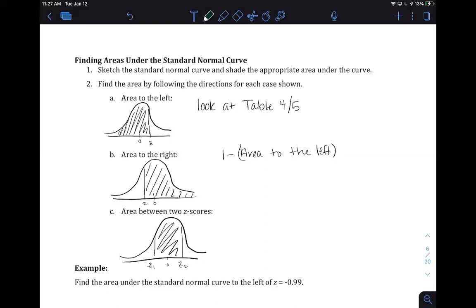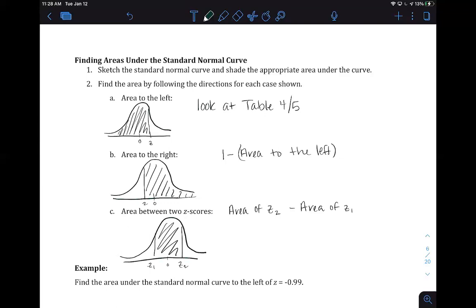So if you want to find in between 2 of them, you're going to find the area of z2 minus the area of z1. Here's the key. You're always going to do big minus small. We're never going to have negative areas. They're always going to be positive. So if you don't know which one to subtract, find both areas, big minus small.